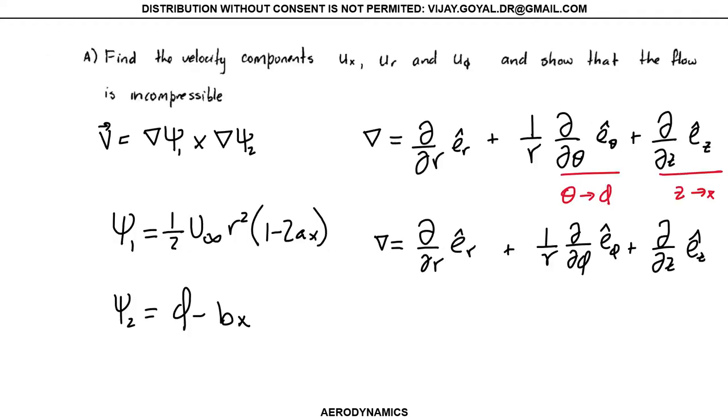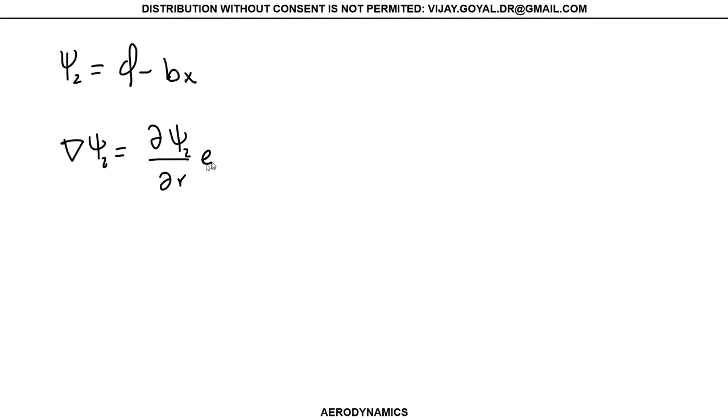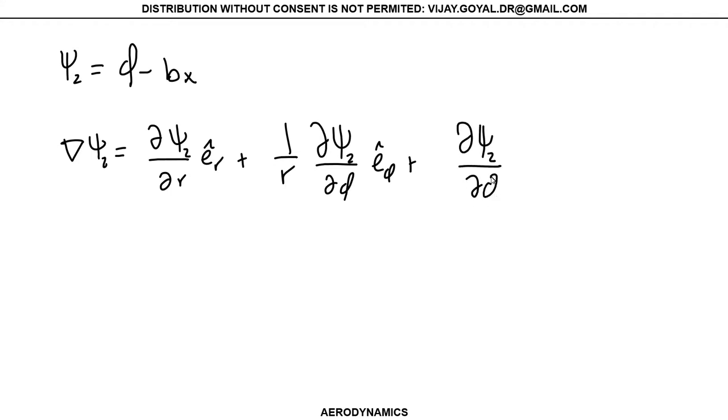Now for streamline function number 2, we apply the same thing. Let's find the gradient of this. The gradient of psi 2 is partial of psi 2 with respect to r, er, plus 1 over r partial of psi 2 with respect to phi, e phi, plus partial of psi 2 with respect to x times ex.